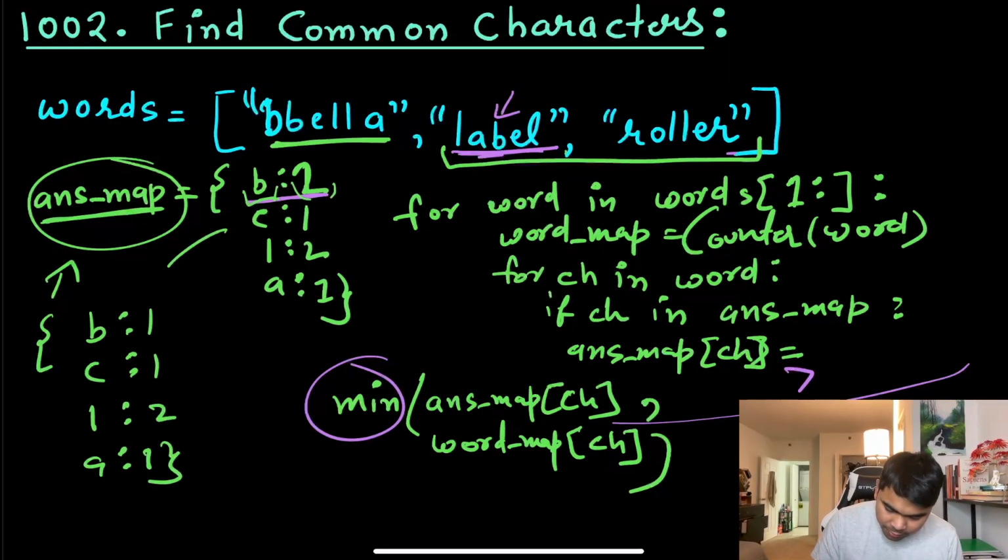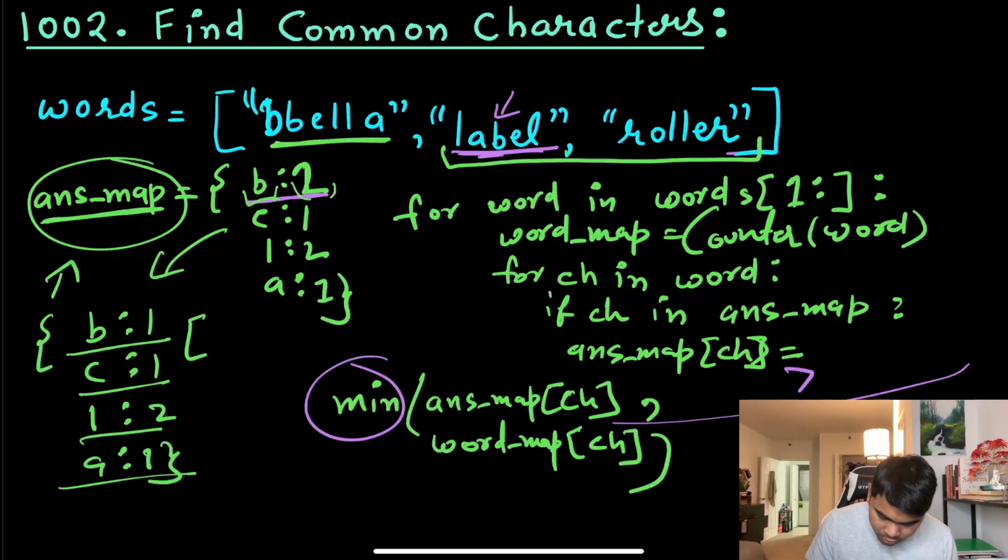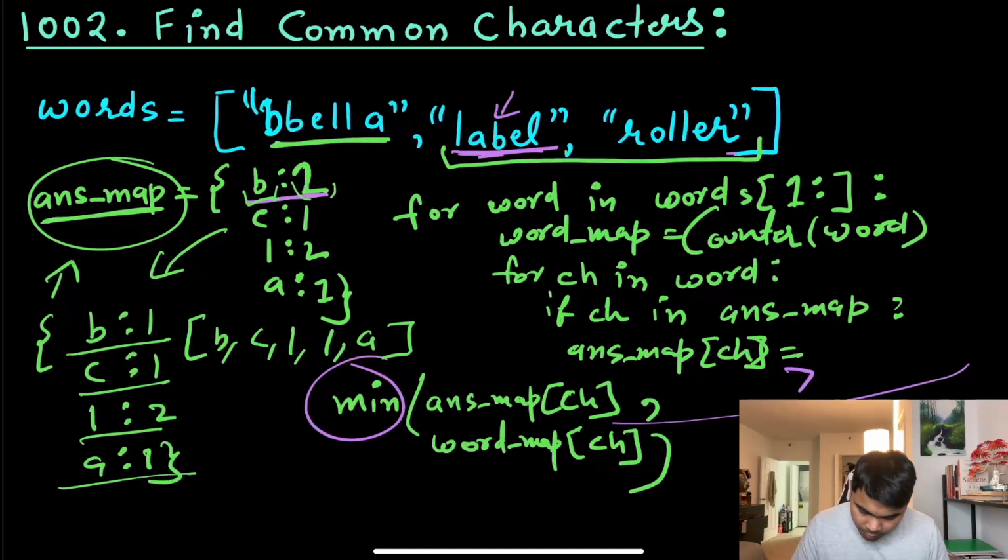This is my final. So I will iterate over my map and append it to my answer. So b once, so b, c once, and then l twice, ll, and then a here. But remember when you will be iterating over this, these will also become 0. First of all, these will be deleted, or they will become 0.